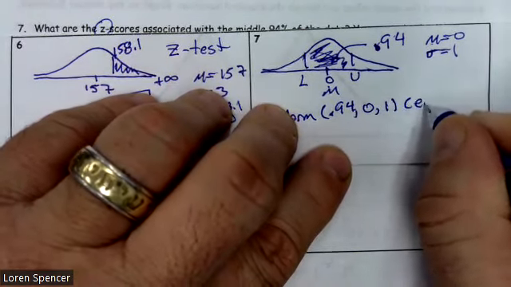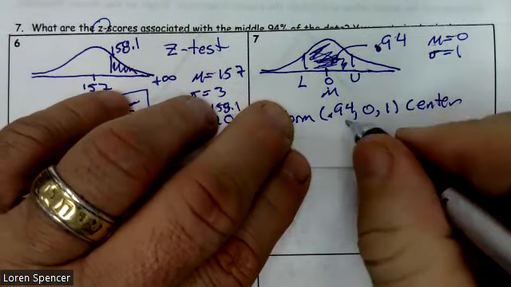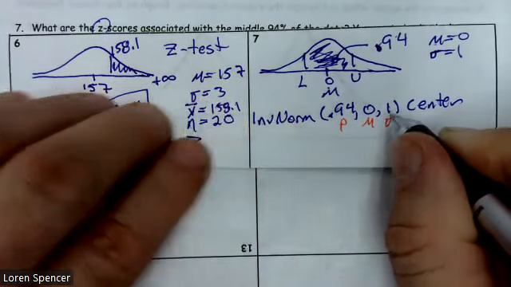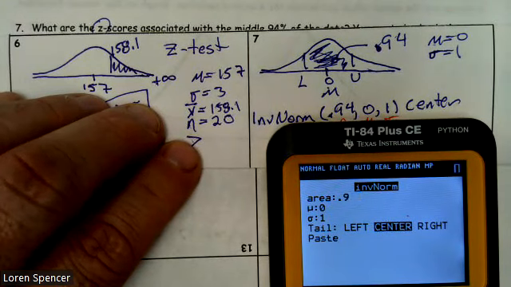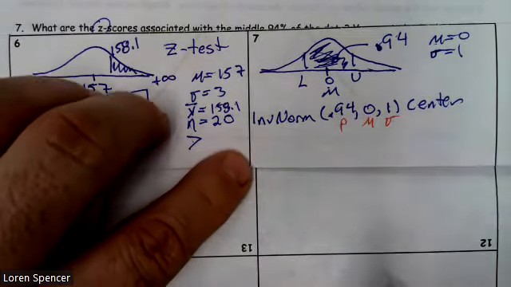And we need to be centered. Once again, it's 0, 1 because we're working with z-scores. So this is the probability, this is the mean, this is the standard deviation. Putting in 0.94, mean is 0, standard deviation 1, centered. And we get negative 1.88 and a positive 1.88.